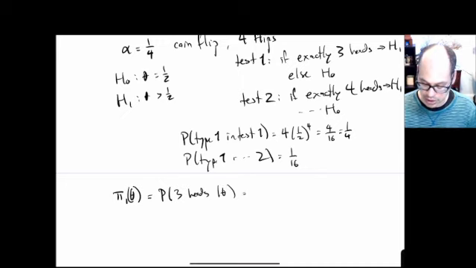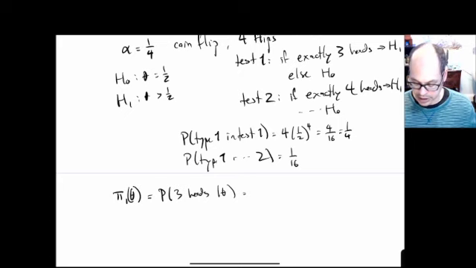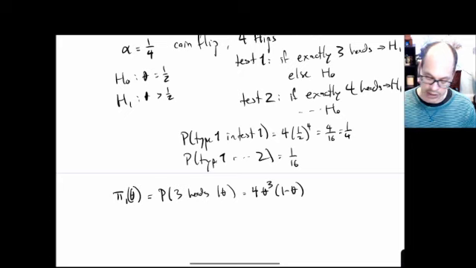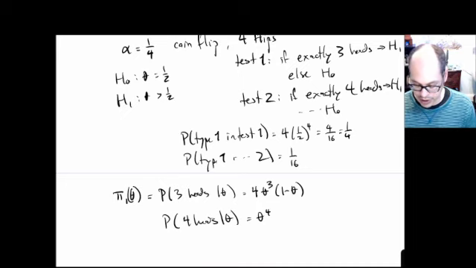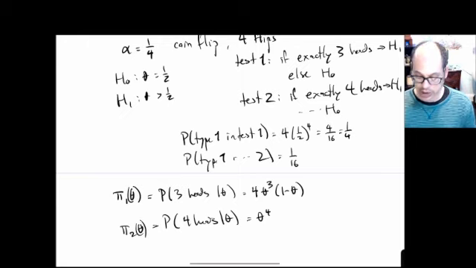There's 4 places that the tail could go, and then I have 3 heads and a tail. So that's the function for that. The probability of 4 heads for a given value of theta is theta to the 4th, and that's the power of test number 2.